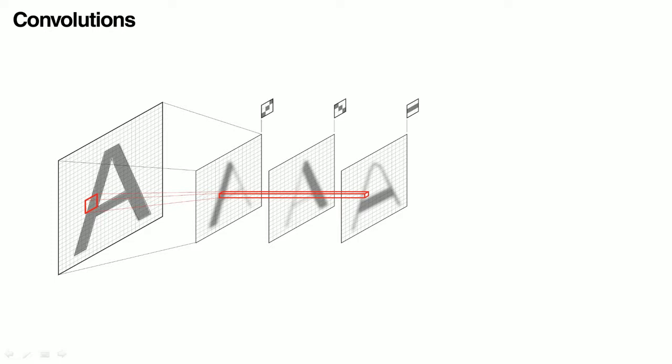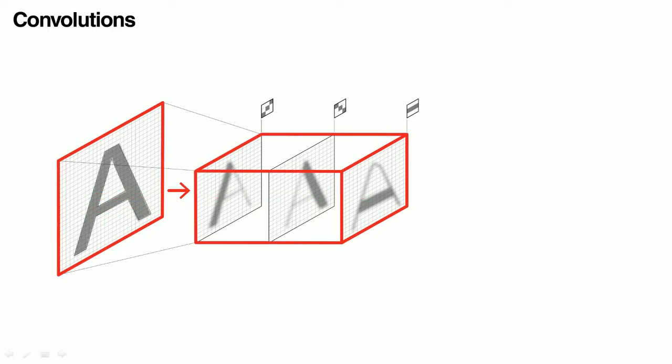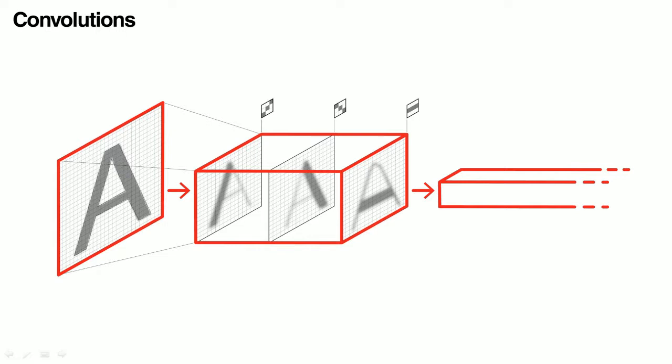Now let's step back and look at the input image as a whole. You will see that the image now has depth and also has shrunk a little bit in terms of length and width due to the convolutions. And if we repeat this process over and over, extracting features, then we'll end up with sort of a vector in a way.